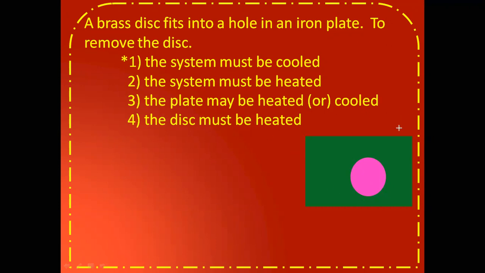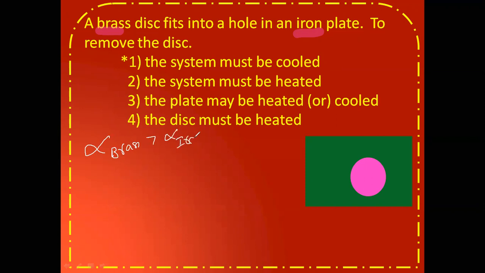So here, the point we have to keep in mind is, first, we have to check, out of the brass and iron plate, whose coefficient of linear expansion is more. We know that alpha of brass is greater than alpha of iron.